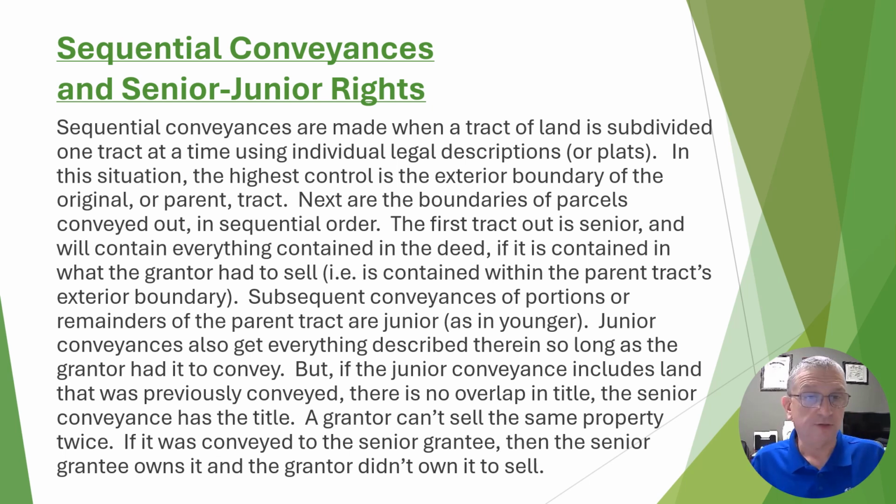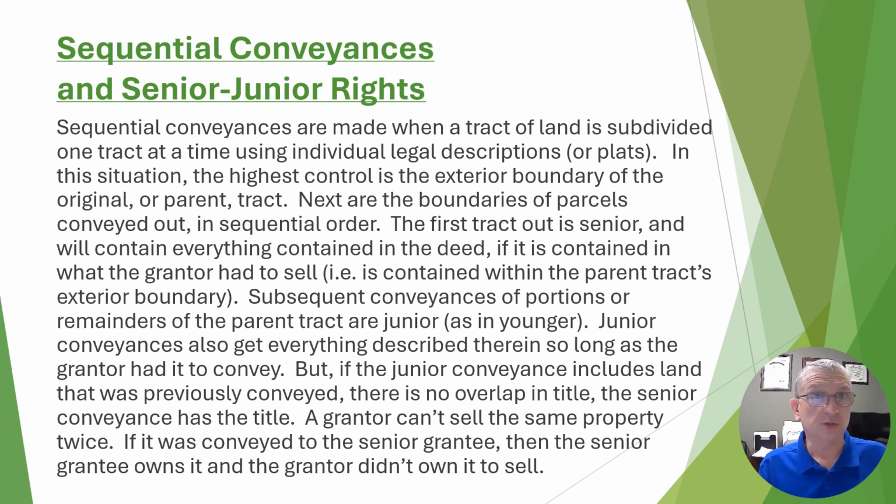Junior conveyances also get everything described as long as the grantor had it to convey. But if the junior conveyance includes, by mistake or whatever, land that was already conveyed to a previous out conveyance that is senior to it, then the senior conveyance controls. There is really no overlap because the original grantor conveyed it first.